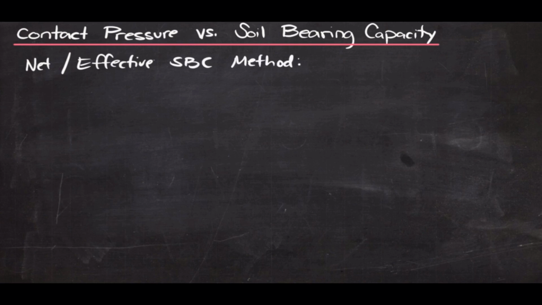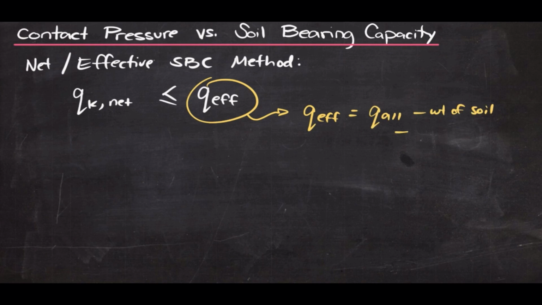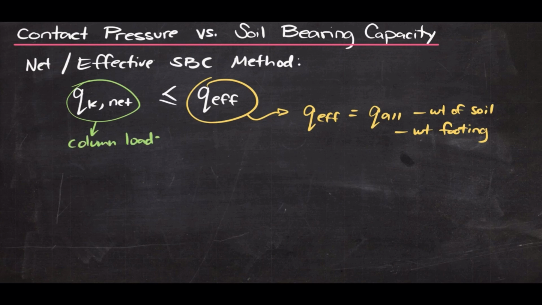By that, I mean we compare the net contact pressure with the effective soil-bearing capacity. And this effective soil-bearing capacity, we can compute by subtracting the weight of the soil and the weight of the footing from the allowable soil-bearing capacity. And this one, these are from the column load.